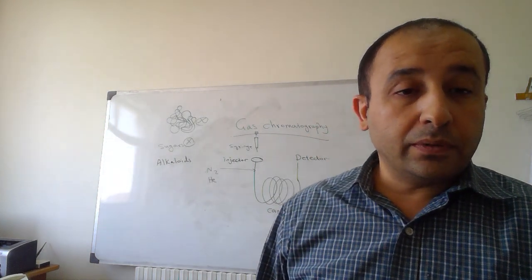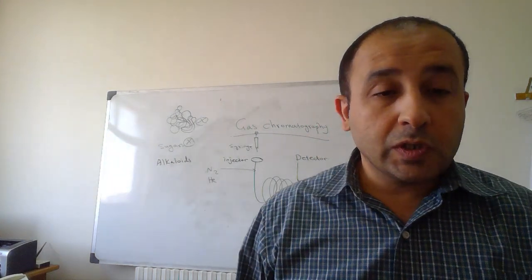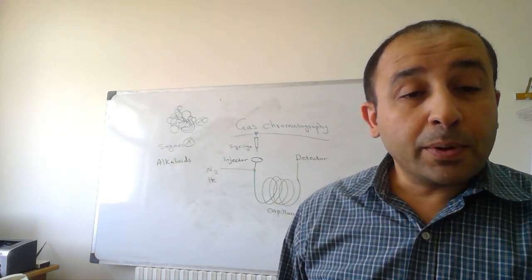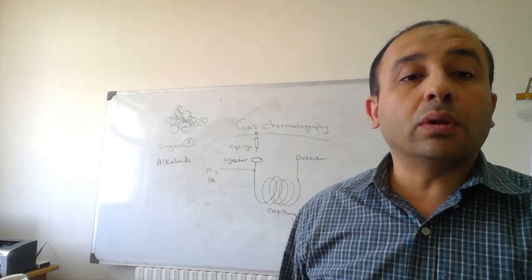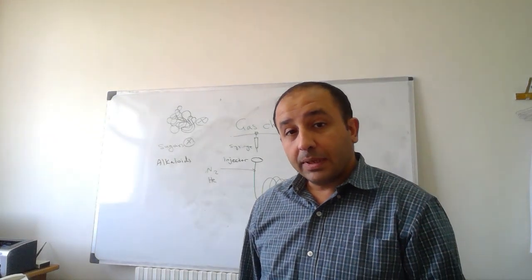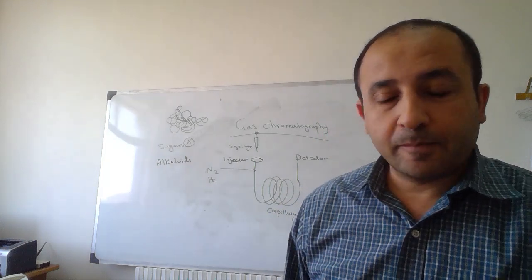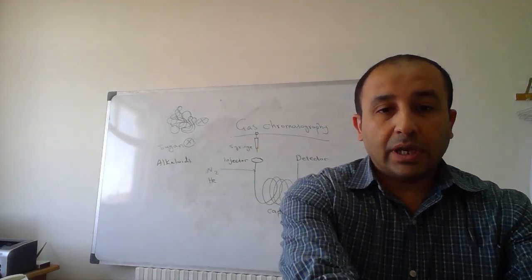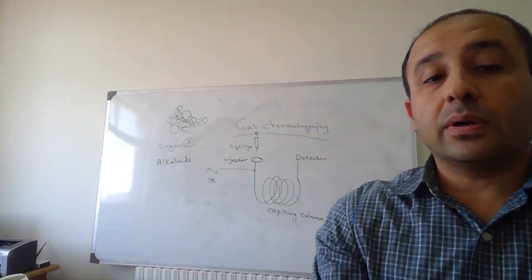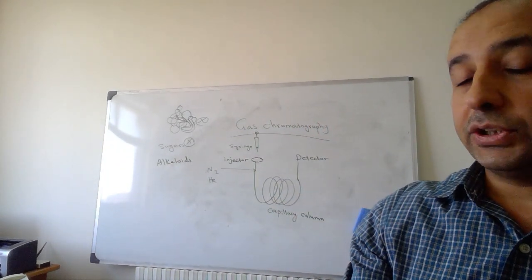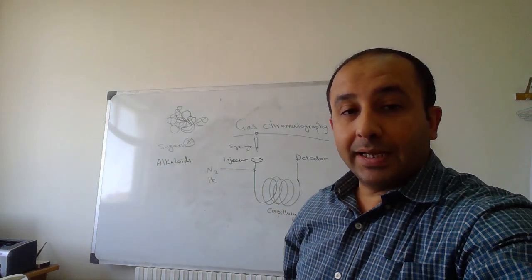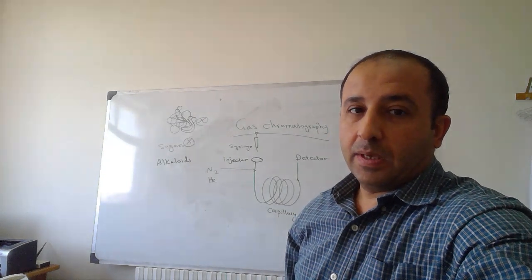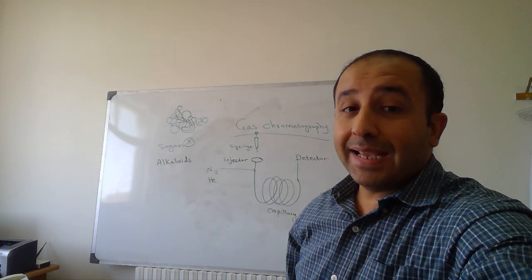If you dissolve the alkaloid in a semipolar solvent and you introduce it in GC, the problem is that the alkaloid will be in salt form. In salt form, the compound cannot be volatile, and this is due to ionic interaction. Ionic interaction is a strong interaction. For example, sodium chloride cannot be melted in temperature below 800 degrees.